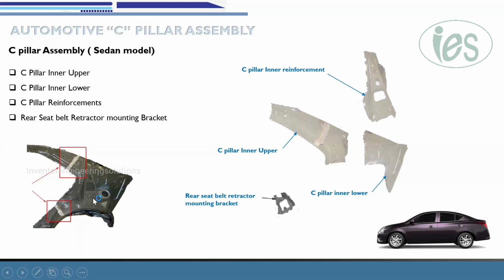In order to withstand that load, they have connected this reinforcement until the wheel arch area. Here, they fix the upper seat belt fixation, and in this area they add the lower seat belt fixation, the retractor mounting.